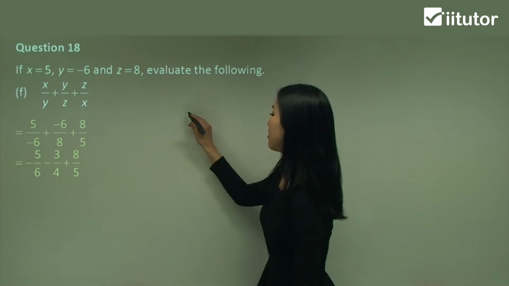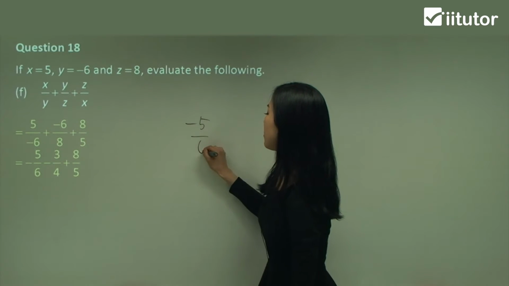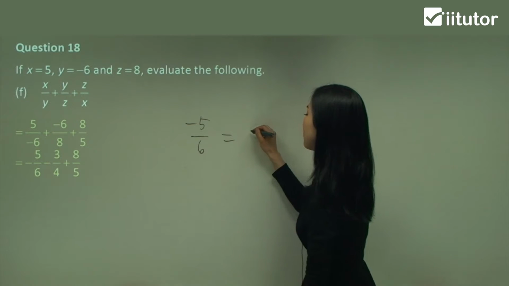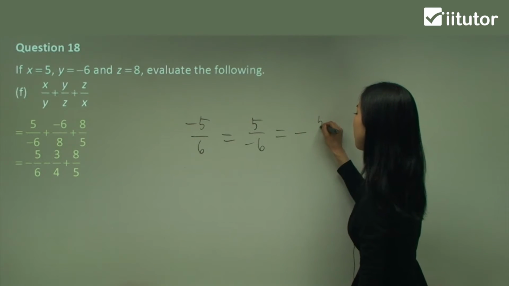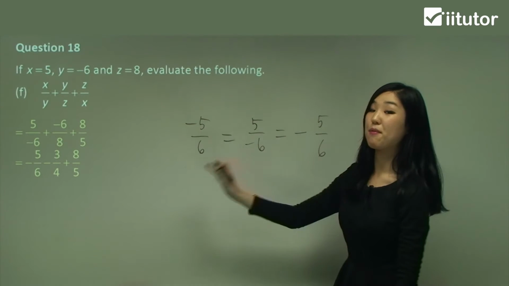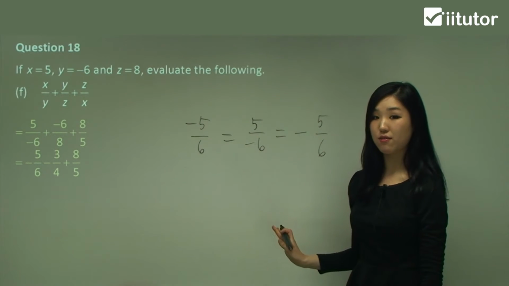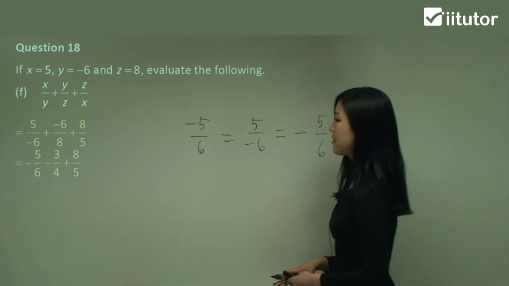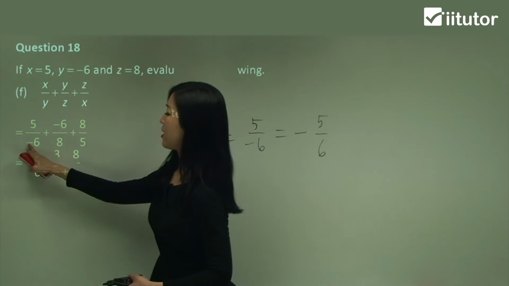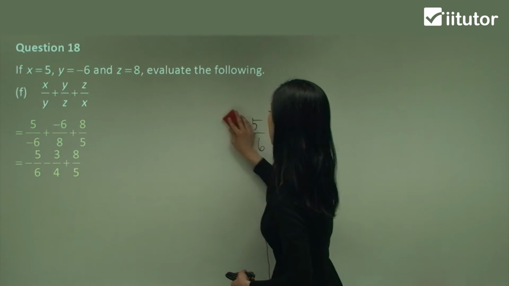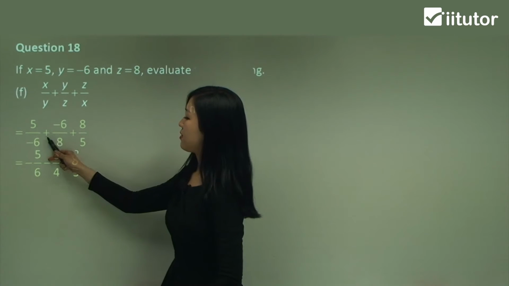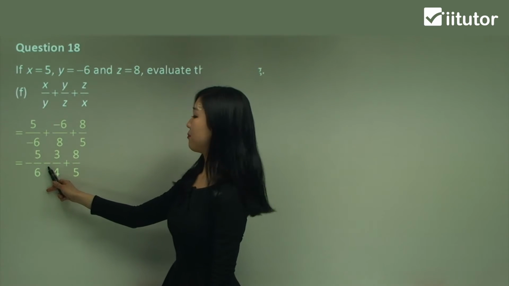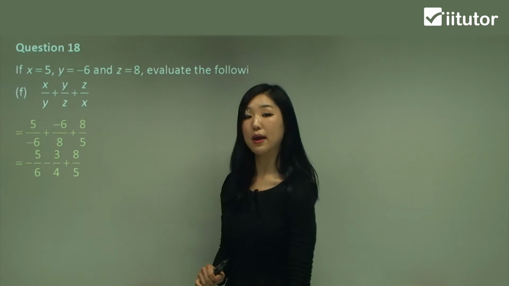Just remember, guys, -5/6 is the same as 5/-6, and is also the same as -5/6. They all mean the same thing, so it doesn't really matter where the negative goes. So don't get confused with the signs. So that's why I put that negative just out the front there, so it looks a little bit neater. And you can see plus minus makes negative, and that's how I did it, yeah?